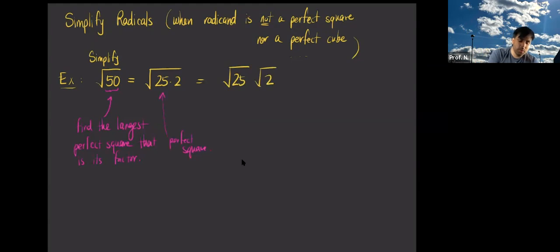But luckily, the square root of 25 is 5. So the square root of 50 is equal to 5 rad 2. Let's look at other ones.